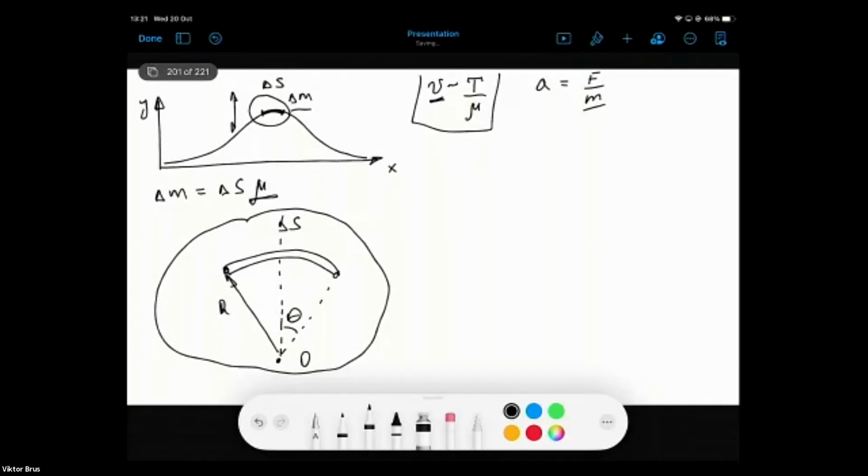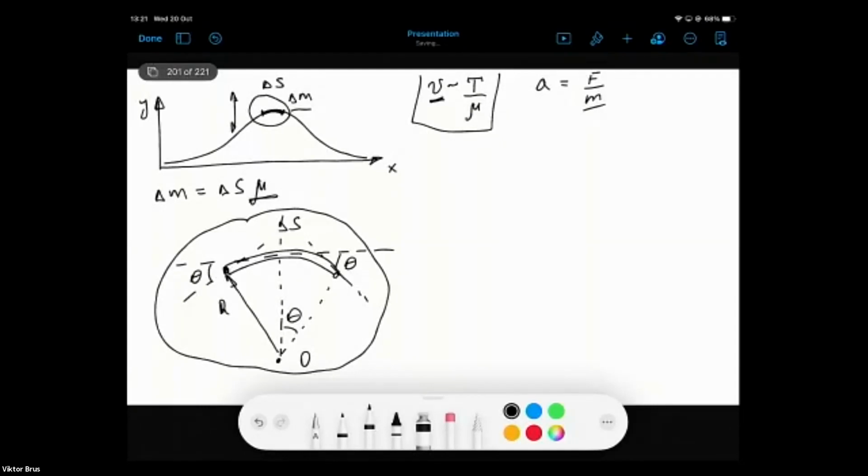Now, if we consider the tangent to this arc at the edges of the element, then with respect to the horizontal line, they will form angle theta also.